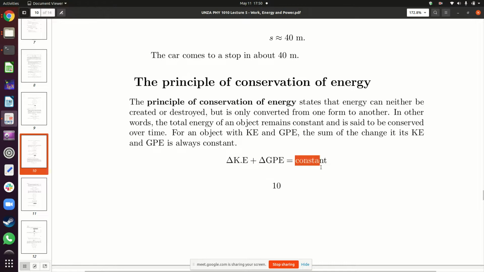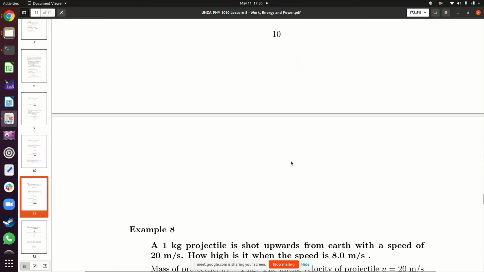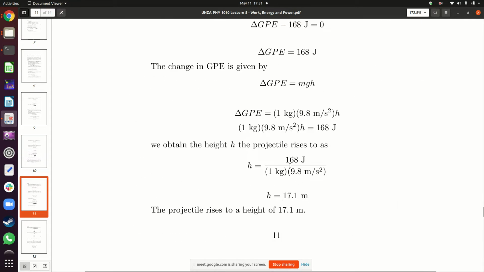That's how this thing is equal to 0. This part plus this part equals 0. This change in kinetic energy plus change in gravitational potential energy, this constant you're talking about, is just 0. Any other question?